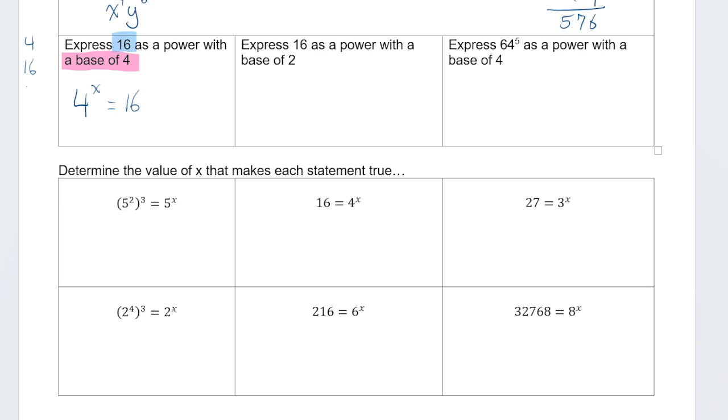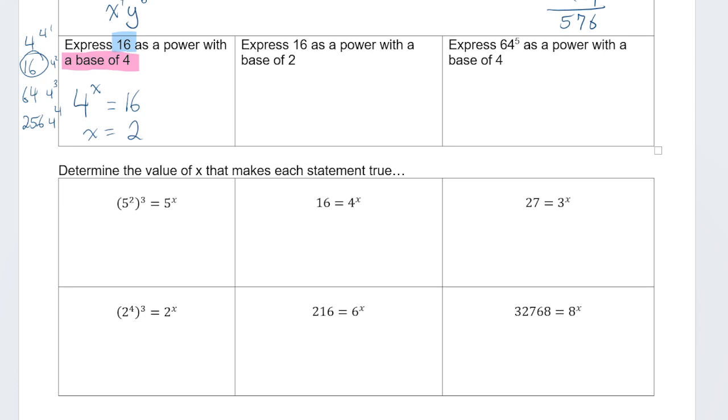And then 16 times 4 is 64, and you can keep going as far as you need to. 64 times 4 is 256. But we don't have to go that far. We saw it's right there. So that's 4 to the power of 1, 4 squared, 4 cubed, 4 to the 4. So you can essentially just, on your calculator, keep doing 4 times 4 times 4 until you get to the answer. So in this case, x is equal to 2.